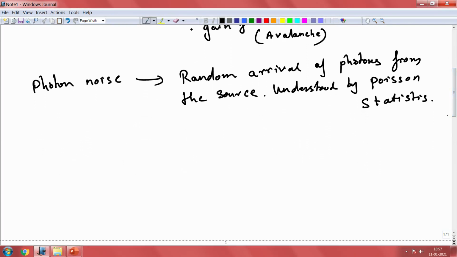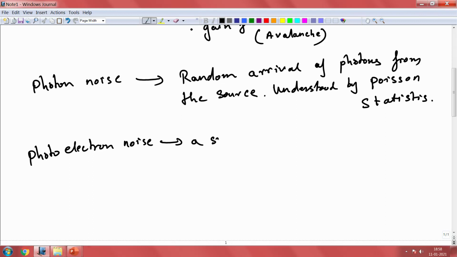The next thing is the photoelectron noise. This is the current noise that we have, photoelectron noise or photoelectric noise, whichever way you want to call it. This is primarily dictated by the probability of creating an electron hole pair.